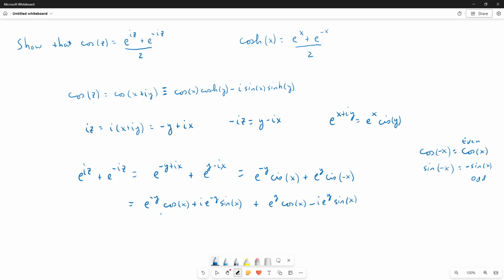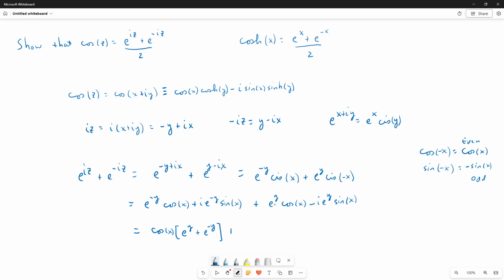Okay, now let's collect the real parts and the imaginary parts. The real part looks like we have a cosine of x times an e to the y here and e to the minus y here. So I'll put e to the y first plus e to the minus y. And then we have plus, or do I want to write a minus?